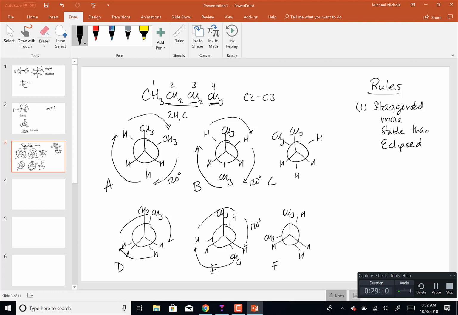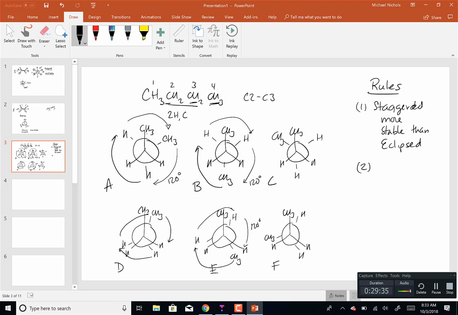And what does that mean? That means that the least stable staggered is more stable than the most stable eclipsed. So if I'm going to rank these from number 1 to 6, 1, 2, and 3 will always come from the staggered, and 4, 5, and 6 will always come from the eclipsed. Okay, that's rule number 1.